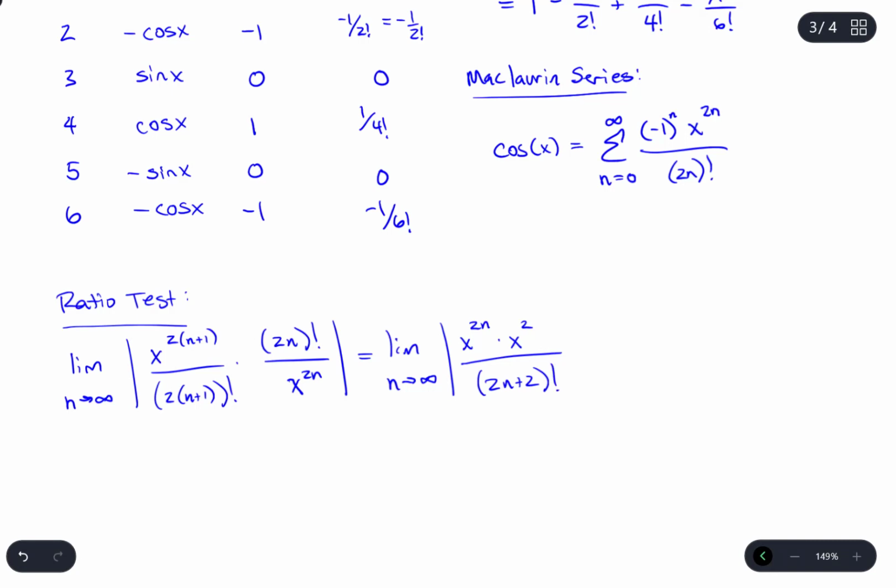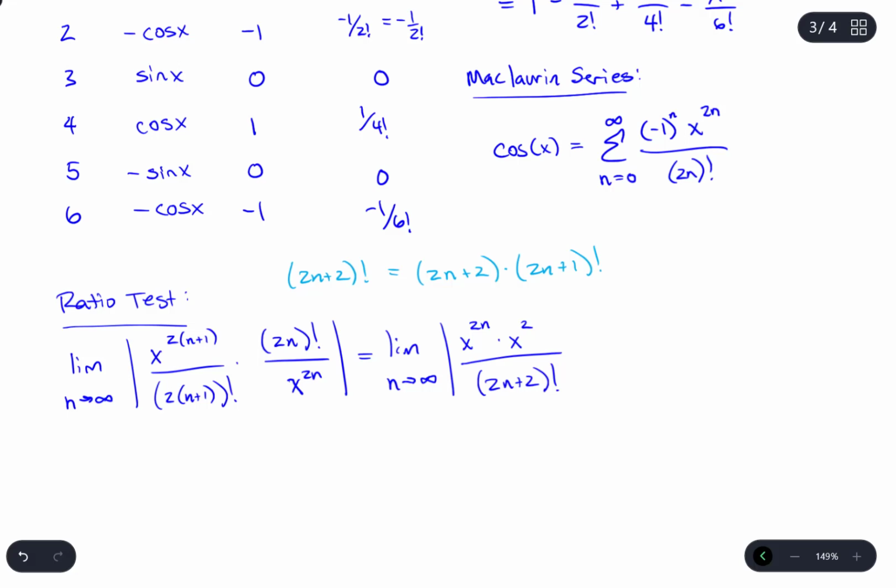But you know what? Here, I'm going to go ahead and simplify that. So 2n plus 2 factorial. Whenever you have a factorial, you can always pull the first term off of the factorial and multiply it by the remaining terms.